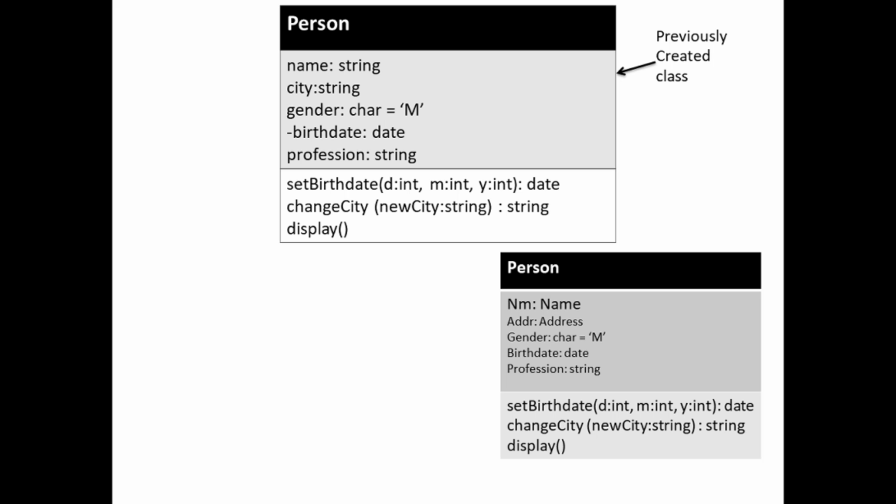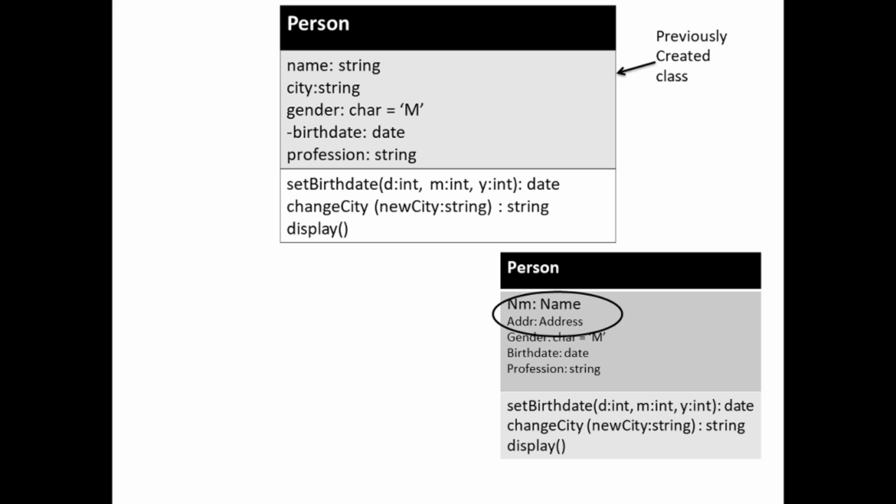Using aggregation or composition, we can create the class this way. Suppose person has nm: name and addr: address. The other options are similar, but these 2 are different: nm: name and addr: address.